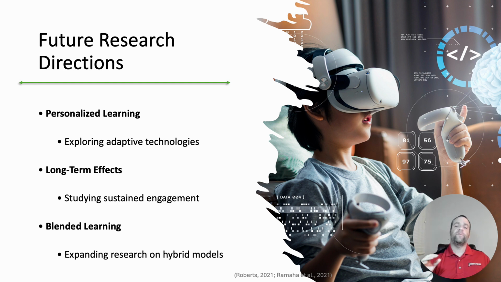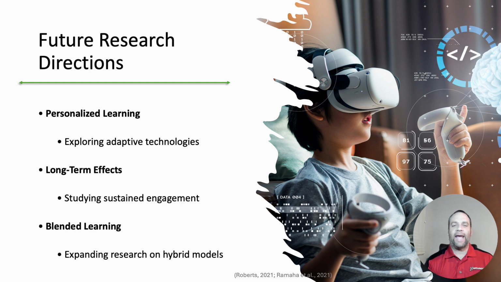Now, as we look forward to the future of e-learning, there are several promising avenues for research that can help us continue to improve and refine our strategies for student engagement. One of the most exciting areas is personalized learning. With advancements in adaptive technologies, we have the potential to tailor educational experiences to an unprecedented degree.